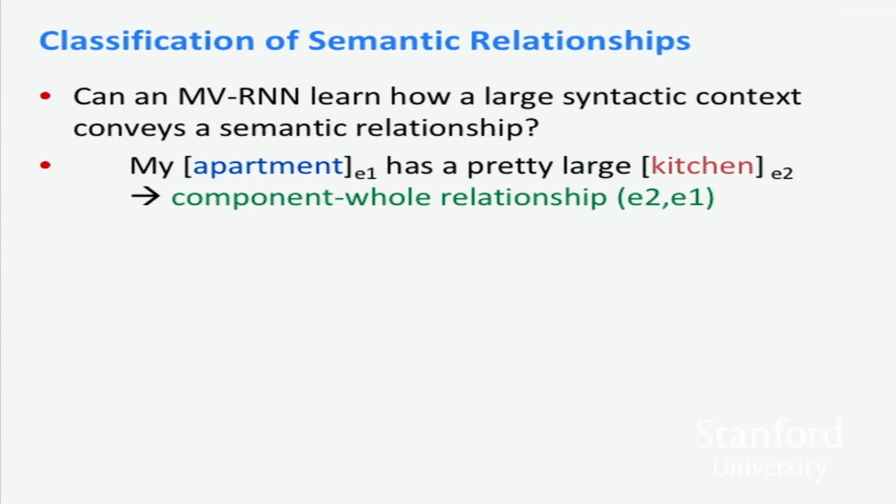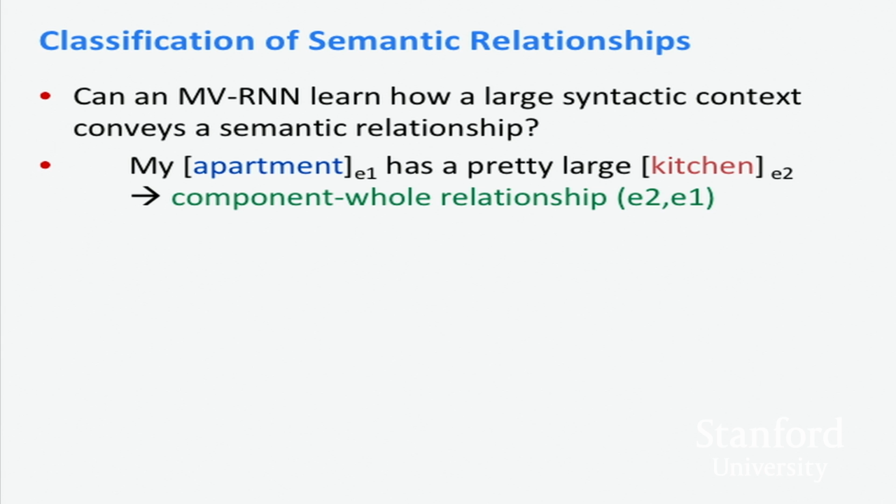So we're basically done for today, but I'll show you one other thing that we were able to do with the matrix vector model, which was a nice example of how we were able to use this model to do an NLP task. This was a task of learning semantic relationships as a kind of relation extraction task.